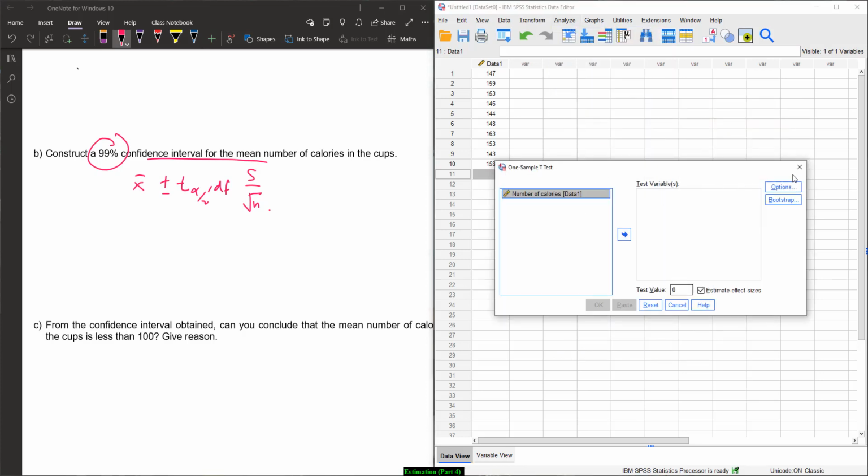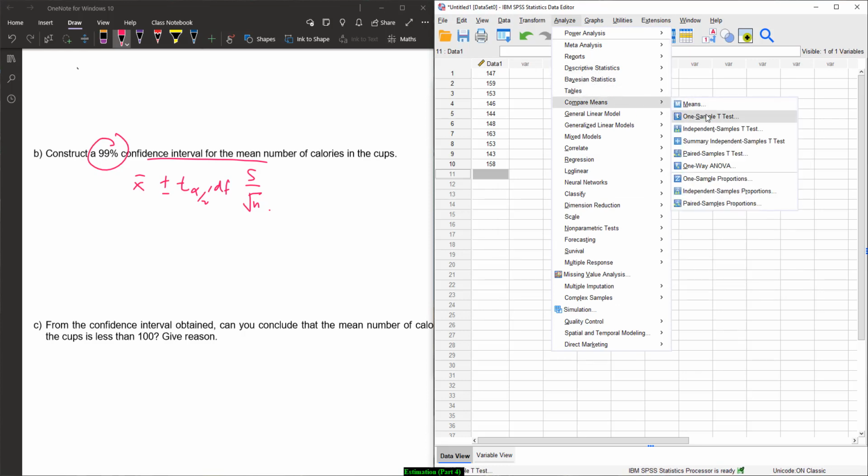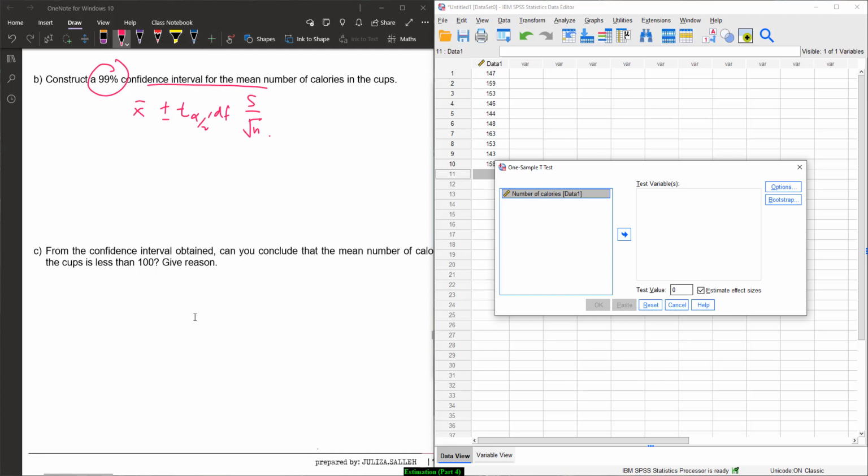So dalam one sample t-test, again analyze, compare means, and click on one sample t-test. Right. So again benda yang sama you akan dapat. Right. But this one requires some test value. So test value dekat sini dia ada dalam question number 2.